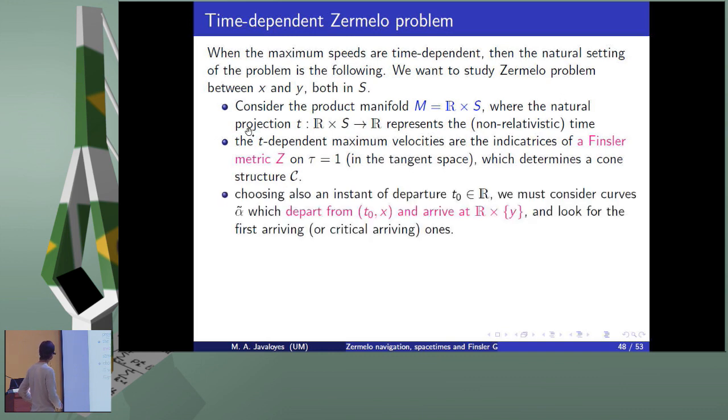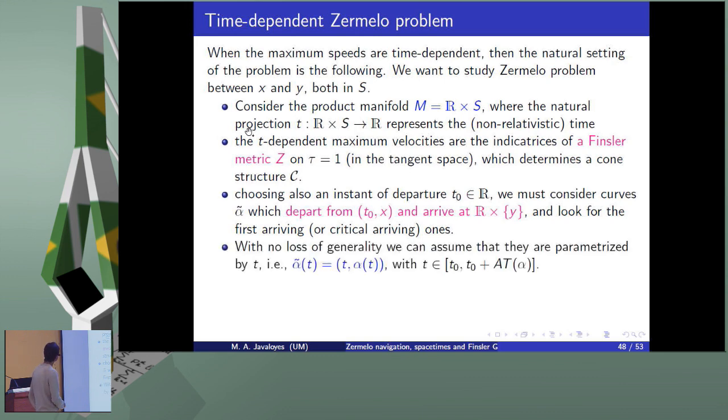And we want to minimize the arrival time, and we have to consider curves with the maximum velocity. But to consider curves which at every point reach the maximum velocity is the same as to consider light-like curves.